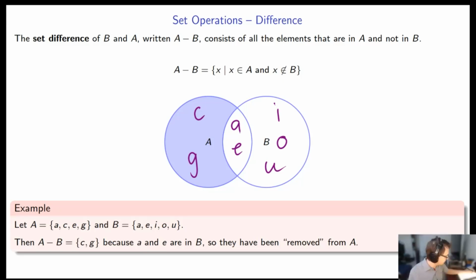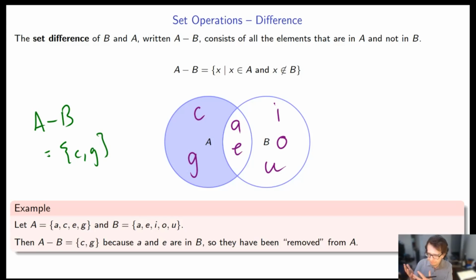What's happening with A minus B is I'm taking everything in A and removing everything from B. So the things that are just in B are being taken out, and the things that are common to A and B are being removed as well. If I take A minus B, what I'm left with in this case is just C and G.